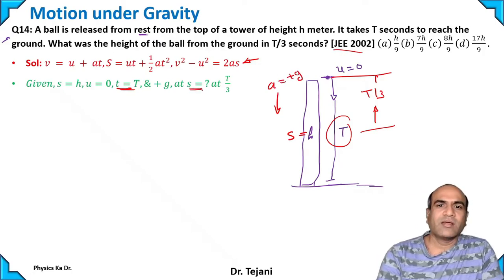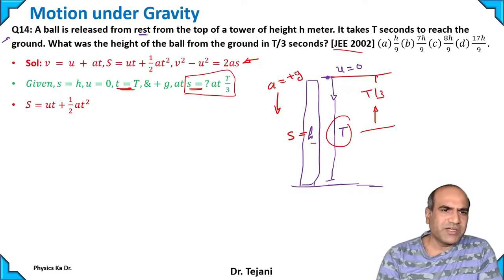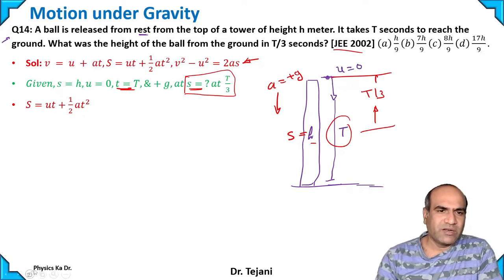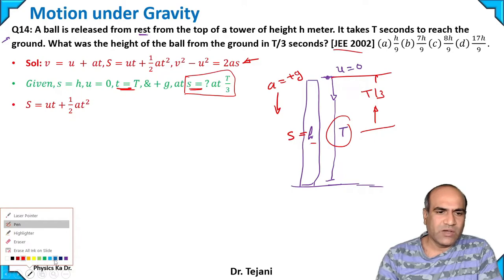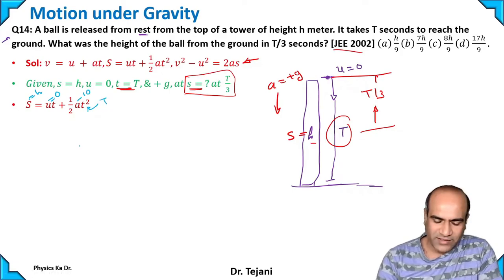So we have the equation s is equal to ut plus half a t square. Let s be h for the total travel, u is 0, a is positive 10, and the time is t.